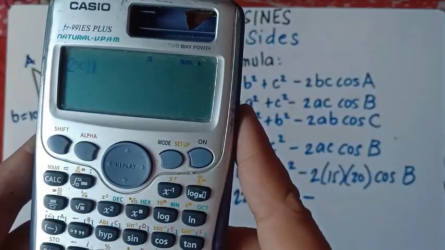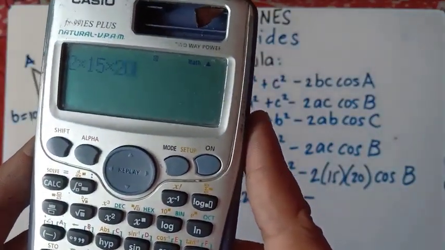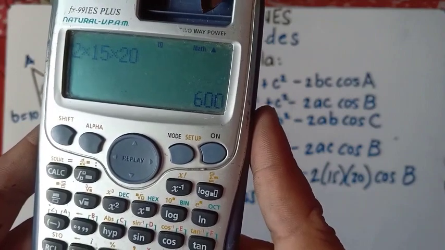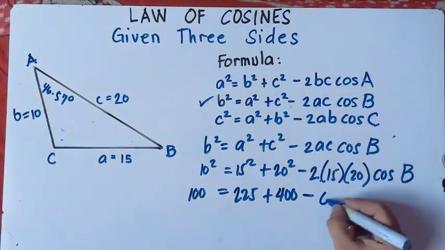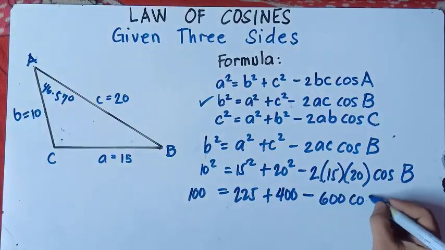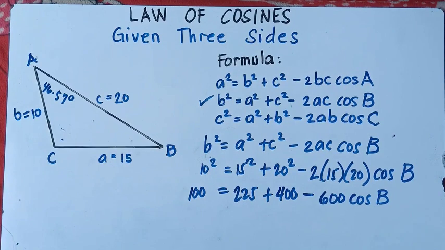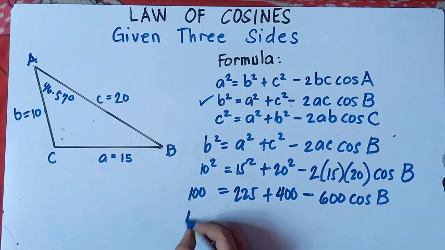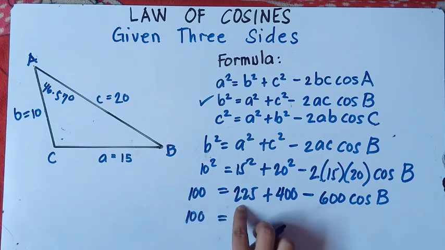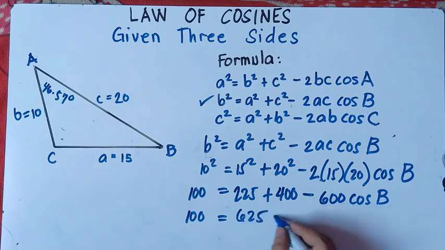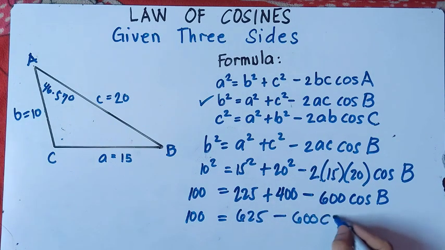So you have 600, 600 cosine B. Alright, so combine this one because these are all numbers. So 100 equals 225 plus 400. That would be 625 minus 600 cosine B.